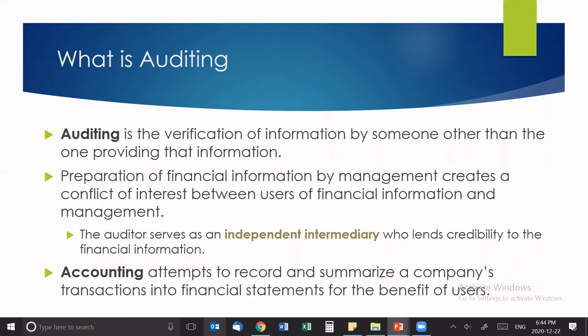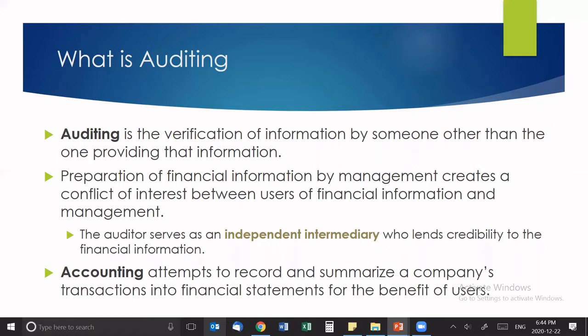They want to make sure that the information is correct before they invest, because management can just put any financial information on the financial statements. We need audits done in order to vet the information, with somebody independent looking at the information to make sure it's correct.